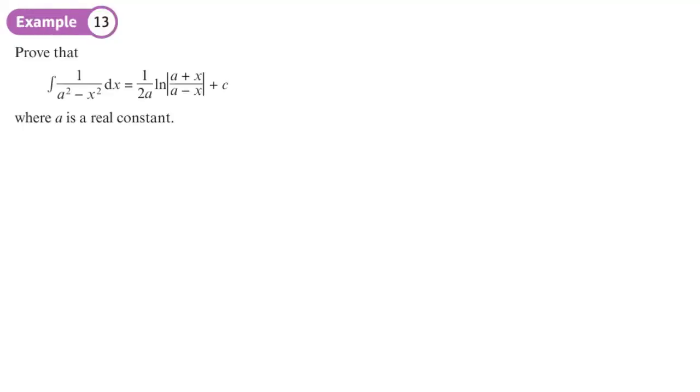Okay, so for this one we want to prove that the integral of 1 over a squared minus x squared gives you that result. Now if you're not careful, you might look in the formula book and say, aha, I can see that 1 over a squared plus x squared, if you integrate that, the formula book says that that gives you 1 over a arctan x over a plus c.